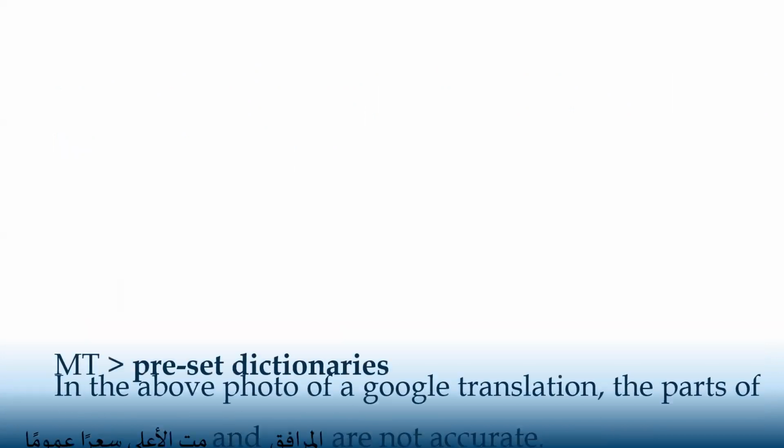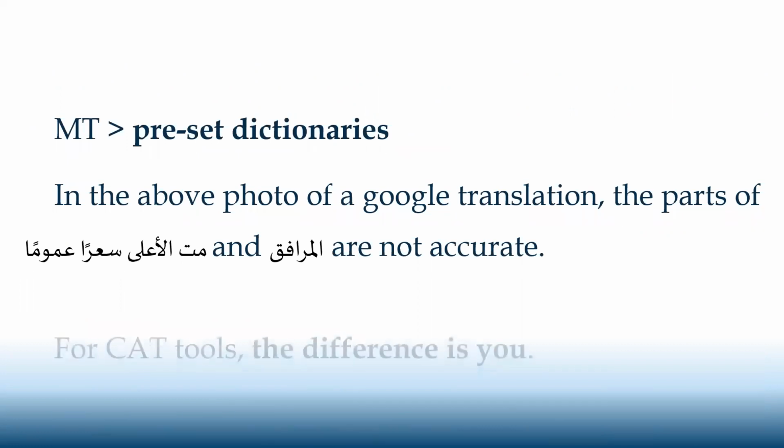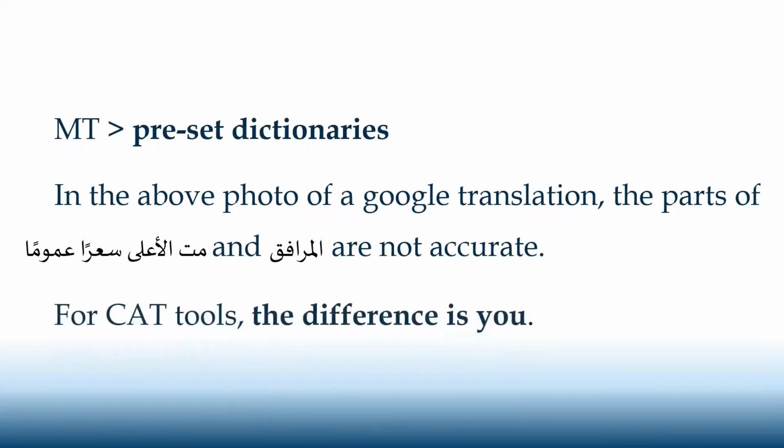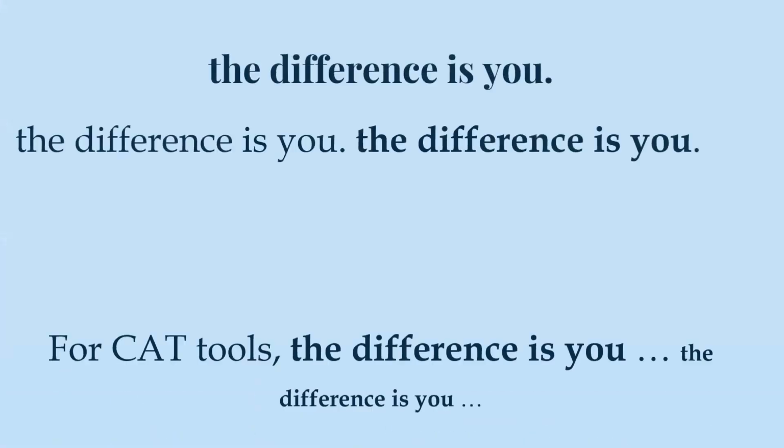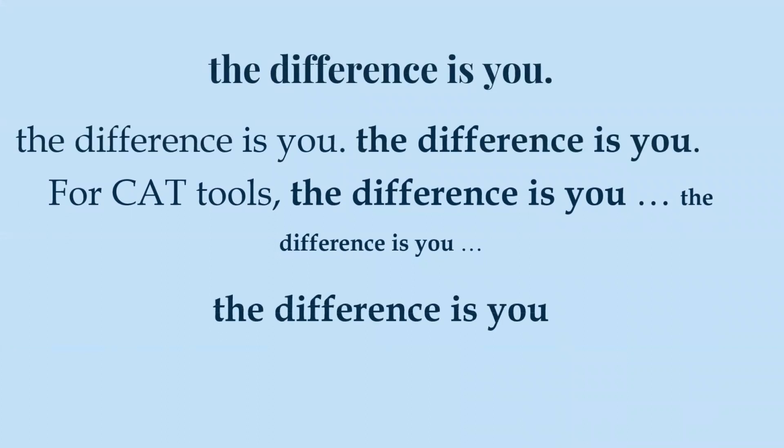In a CAT tool, you are the one who is updating your resources. So every time you come across an update, you are the one updating them. I want to affirm that the difference is you.